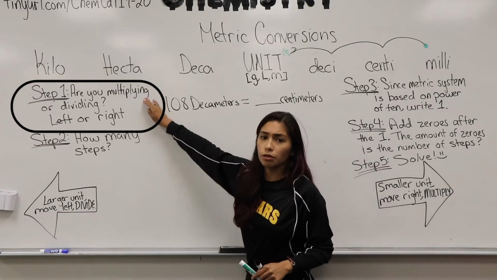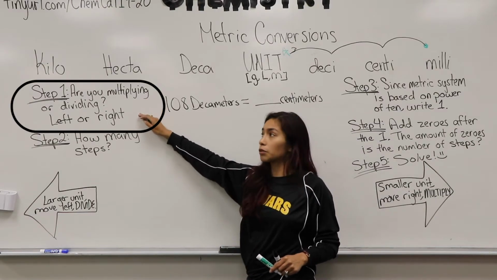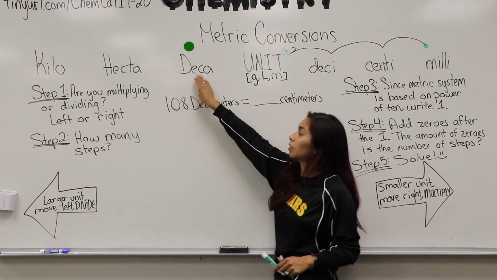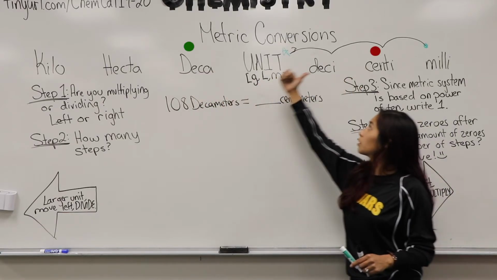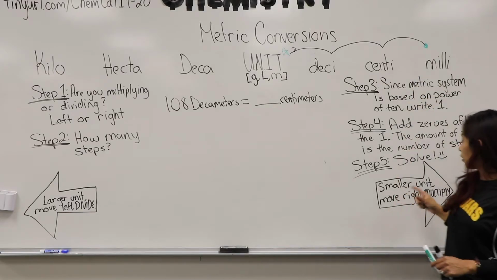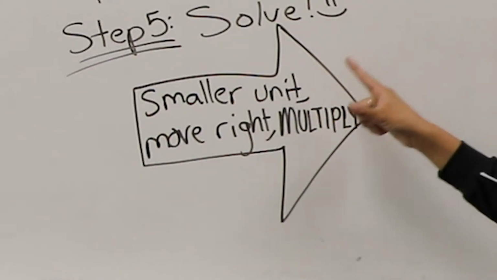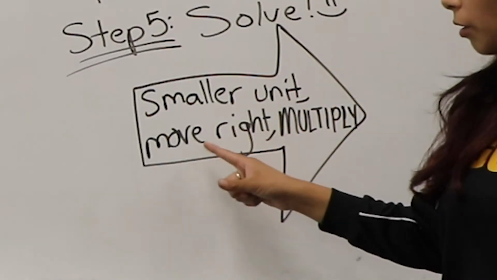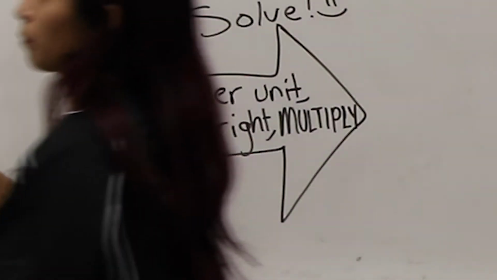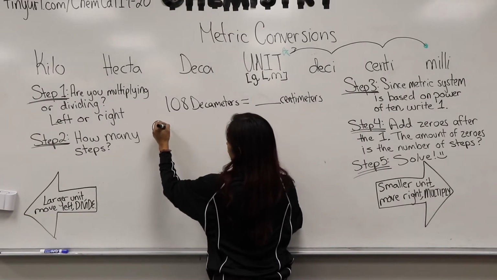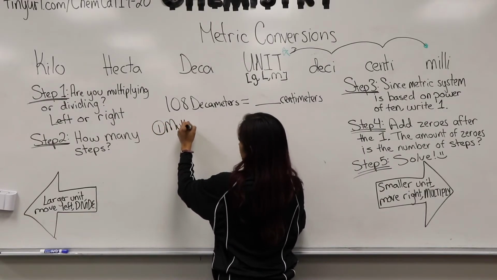And the way we can answer this question is, are we moving to the left or to the right? So decameters is right here, centimeters is right over here, so that means we're going to the right. And if you're going to the right, that means that you want a smaller unit. And if you want a smaller unit, you need to move to the right, which means you have to multiply. So I'll write down 1, I need to multiply.